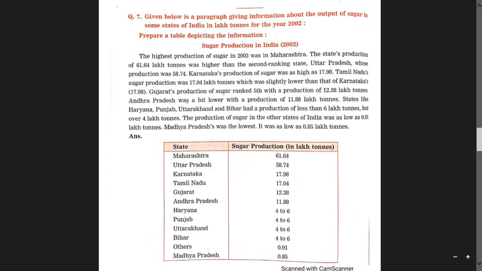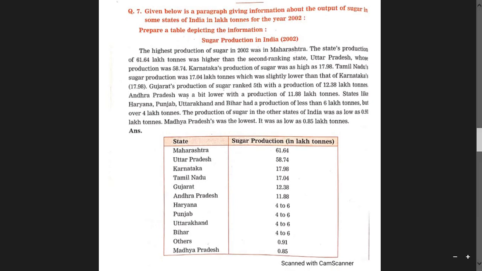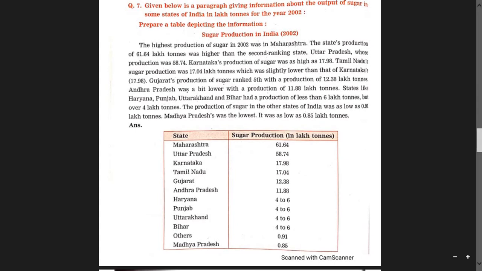The highest production of sugar in 2002 was in Maharashtra. The state's production of 61.64 lakhs tons was higher than the second ranking state Uttar Pradesh, whose production was 58.74. Karnataka's production of sugar was as high as 17.98.